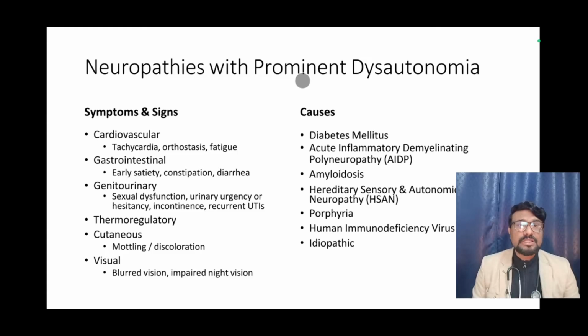Now, neuropathies with prominent dysautonomia. In these cases, the common symptoms and signs that the patient can present with include tachycardia, orthostatic hypotension or fatigue, gastrointestinal symptoms in the form of early satiety, constipation or diarrhea, genitourinary symptoms in the form of sexual dysfunction, urinary urgency, hesitancy, incontinence or recurrent UTI, thermoregulatory defects, cutaneous manifestations in the form of mottling or discoloration, and visual symptoms in the form of blurred vision or impaired night vision.